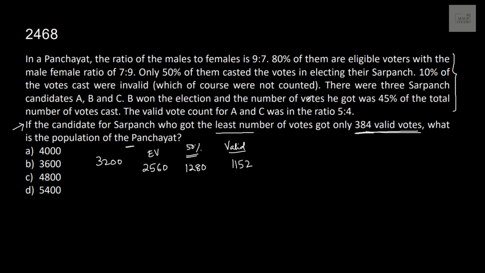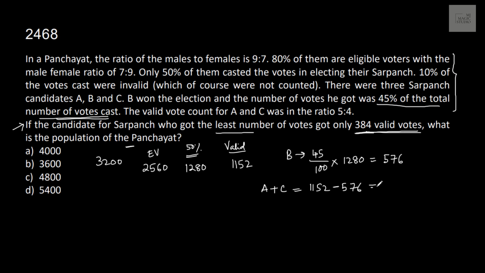Now B won the election and the number of votes he got was 45% of the total number of vote cast. So B will get 45% of 1280, that would be 576. That means votes received by A and C would be 1152 valid votes minus 576, that is again 576.